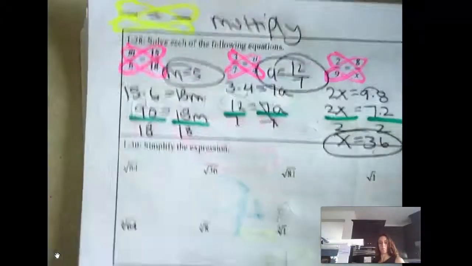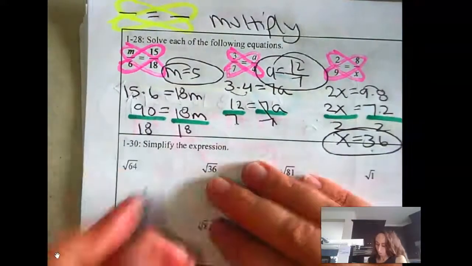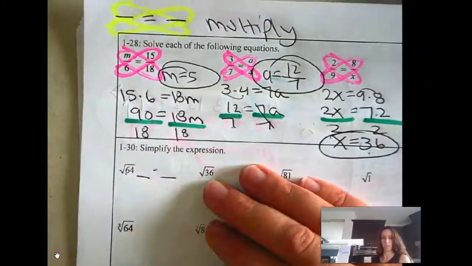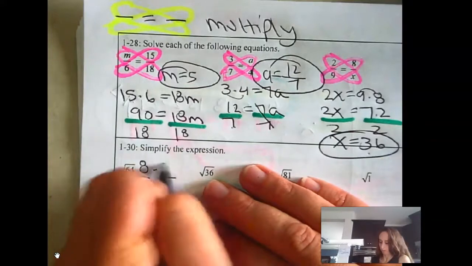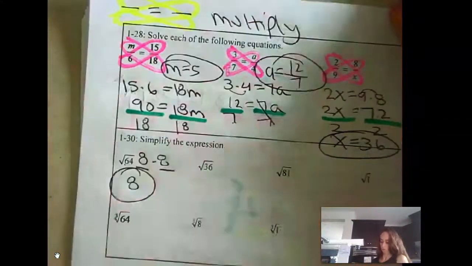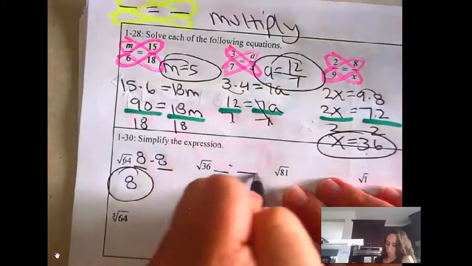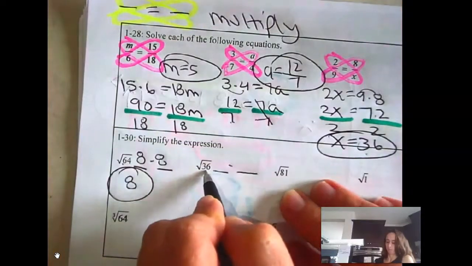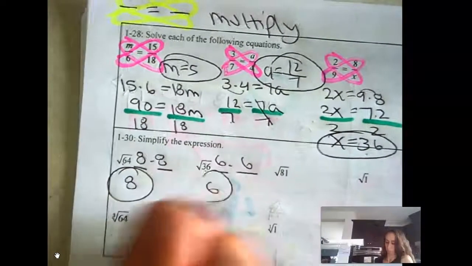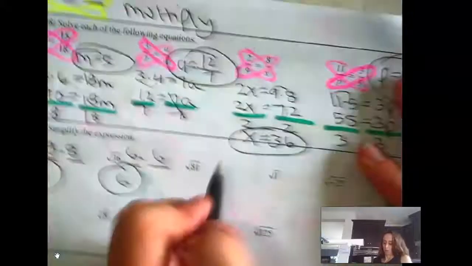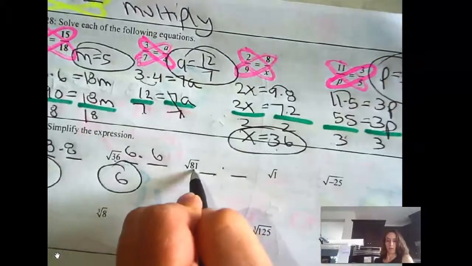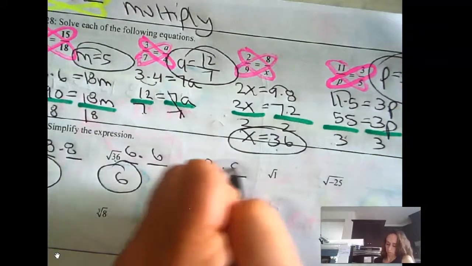All right, we've done this before. We've got to think what times what gives you 64? 8. What times what gives you 36? 6. What times what gives you 81? 9.